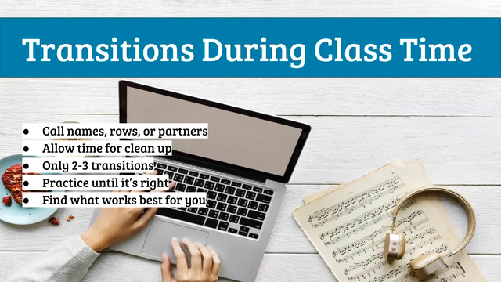It's completely up to you, whatever your lesson plan looks like that day. But if you are doing a movement activity that requires partners or the whole class or instruments, then call the kids by names, rows, or partners.